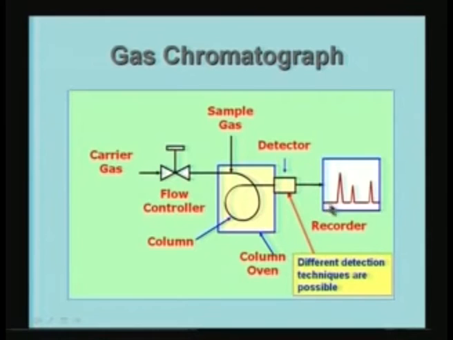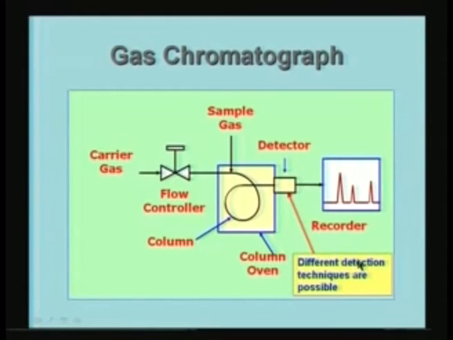The axis here is time, and what you see here is the concentration of the gases, the one which came first, the one which came next, one which came subsequently, and so on. So, they are separated as peaks here. The area under this peak will be proportional to the concentration of the gas in the sample. Okay. Let us look at some of the details.